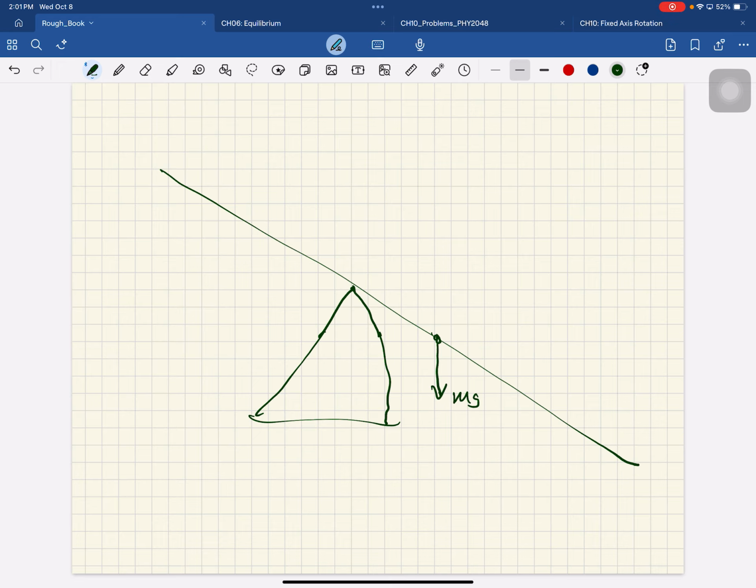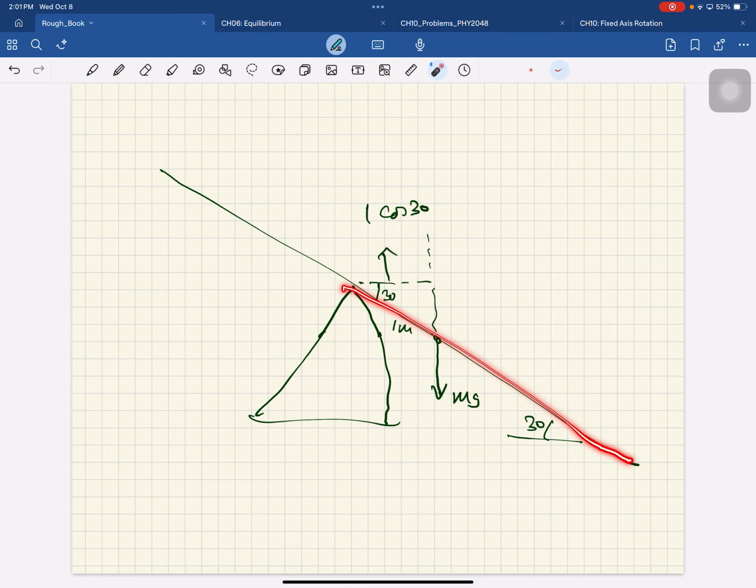The moment arm for mg is this distance. This was 1 meter, and this angle was 30 degrees. That angle is 30 degrees, so this is 1 cosine 30. How did you get the 1 meter? This distance was 6 meters. The center of gravity is at the center, which makes it 5 meters. So that's 1 meter.